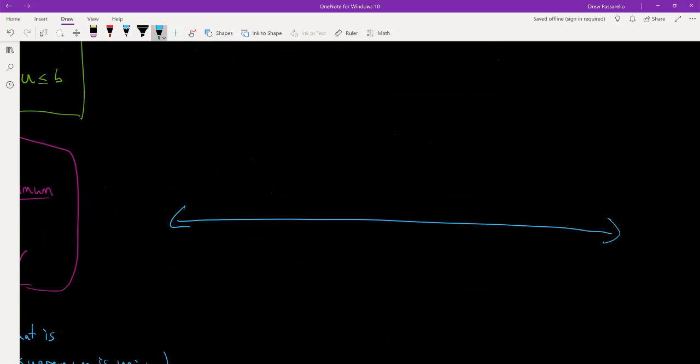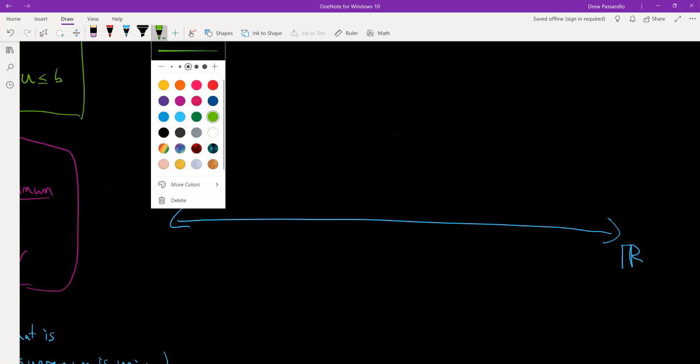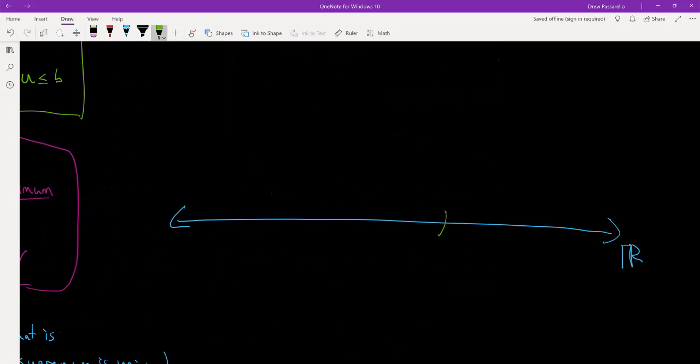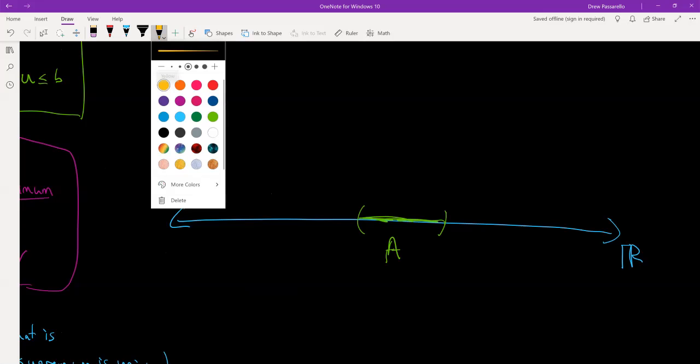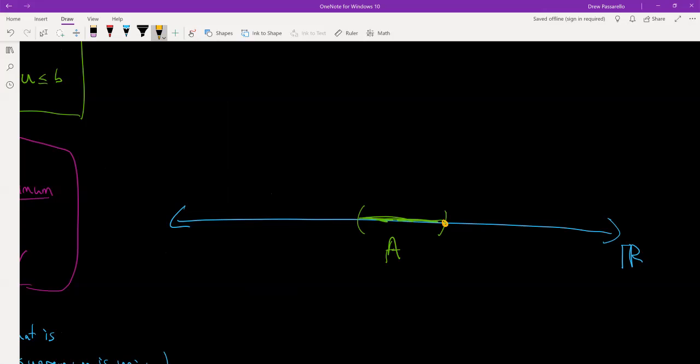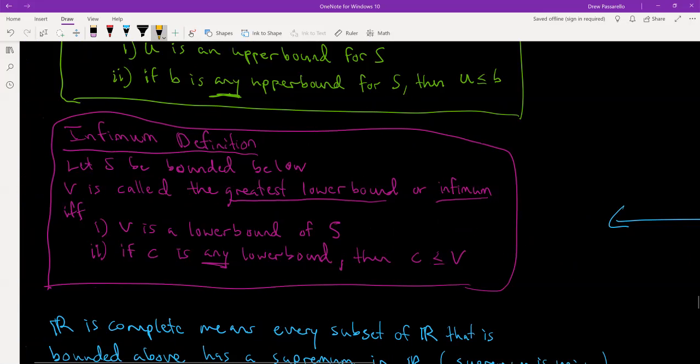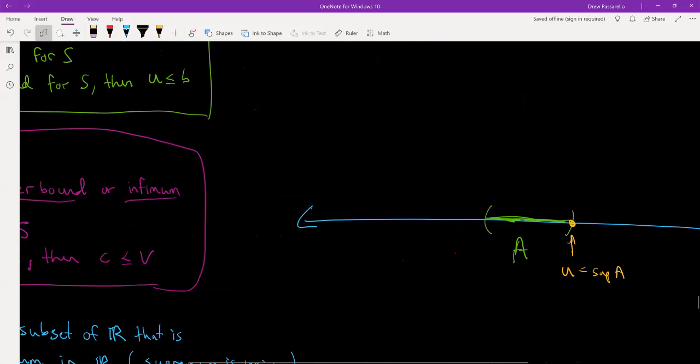All right, so let's say that's my real numbers, and I'll let our set A be this. We're going to use the letter U for the supremum, and then I'll use the letter V for the infimum, which is the greatest lower bound.